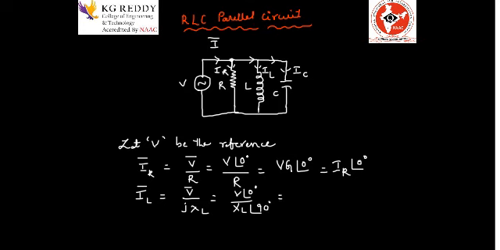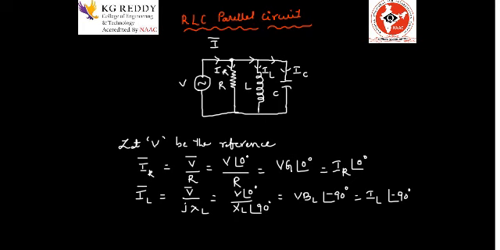This will become V into 1 by XL, which I am writing as BL, at an angle minus 90 degrees. Why? Because the angle in the denominator is taken with a minus sign. So this is IL at an angle minus 90 degrees.